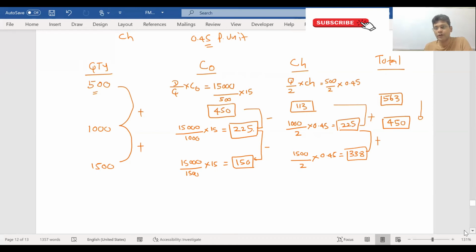If you don't have storage facilities, you need to rent storage facilities. As you increase the quantity, your holding cost tends to increase. So what is the total cost here? The total cost will be 488.